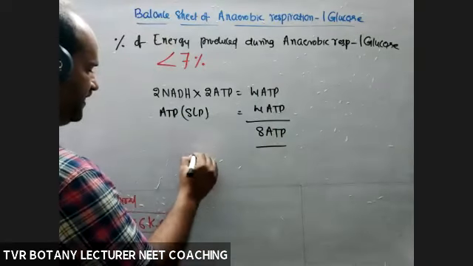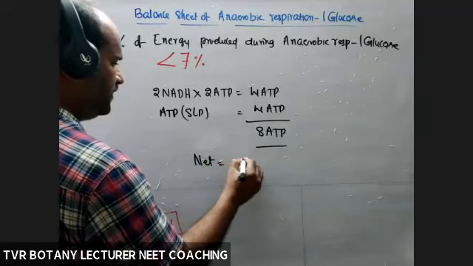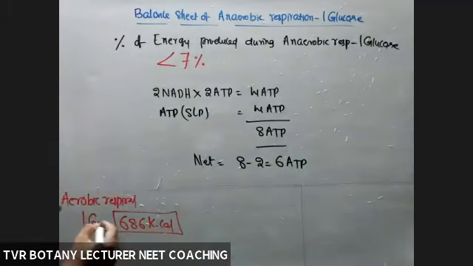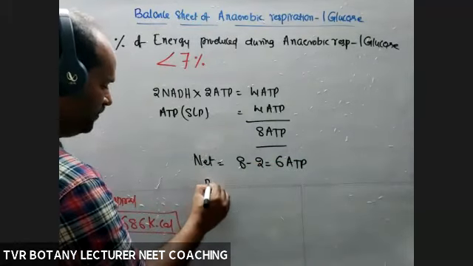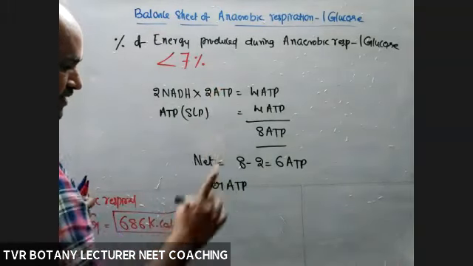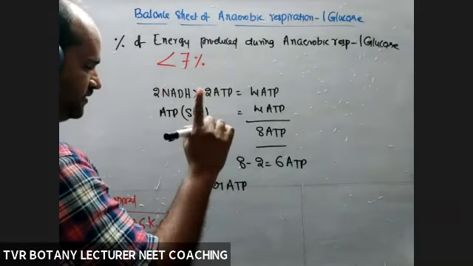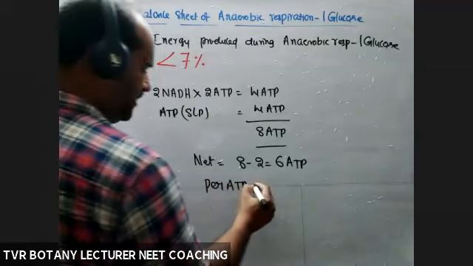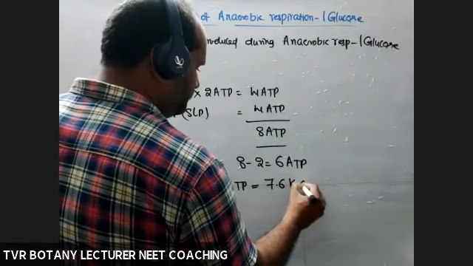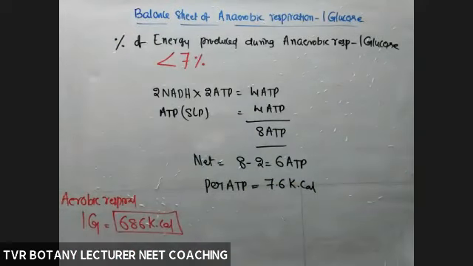So net availability is 8 minus 2, 6 molecules of ATP. And per ATP molecule, the last bond attaching the last phosphate, if it is hydrolyzed, gives 7.6 kilocalories of energy. Not the complete ATP molecule. That 7.6 is from the last bond, which yields the highest energy.